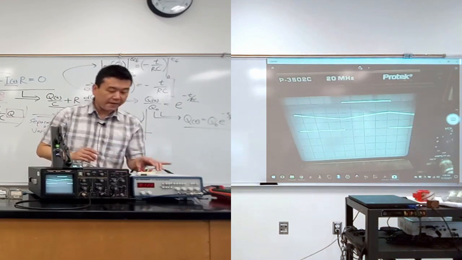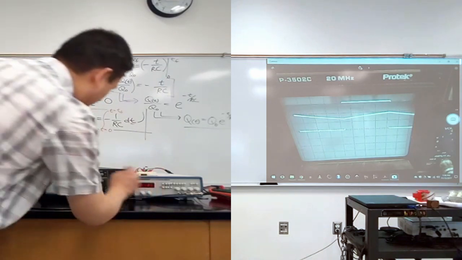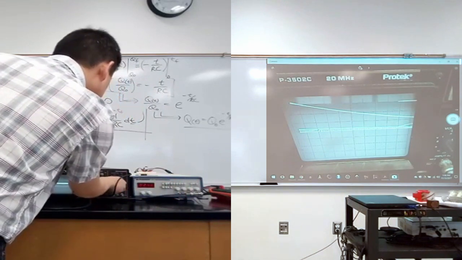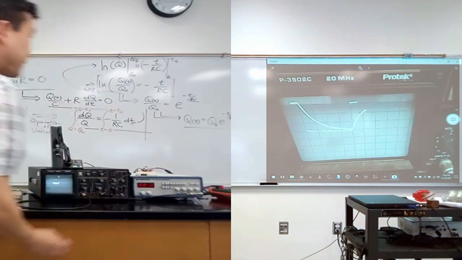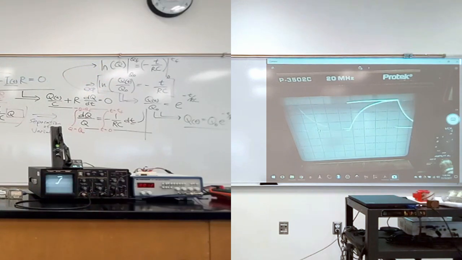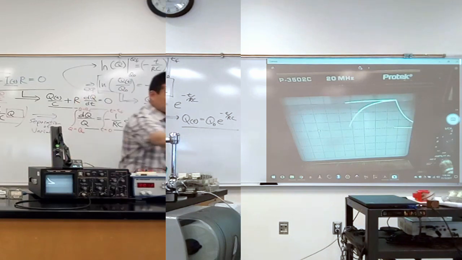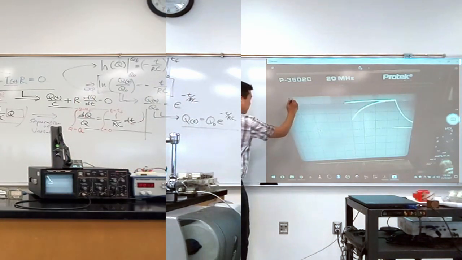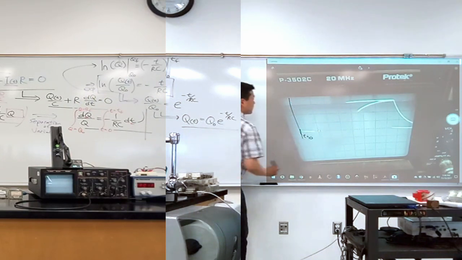And all right, I have to go slower. It doesn't look like an exponential right now because I need to go slower. All right, does that look like an exponential? Yeah. So that's what this result was predicting. At this moment of time, right here, this is where t equals 0.